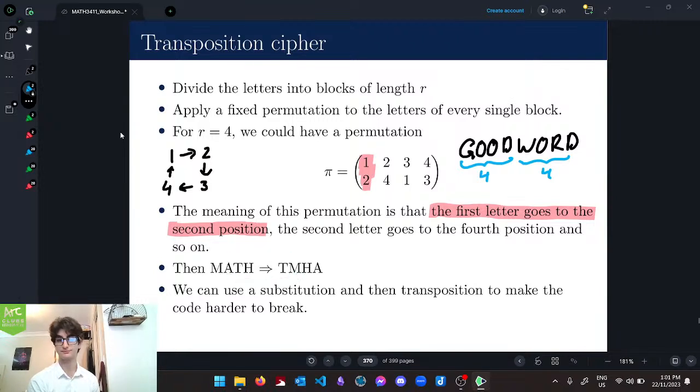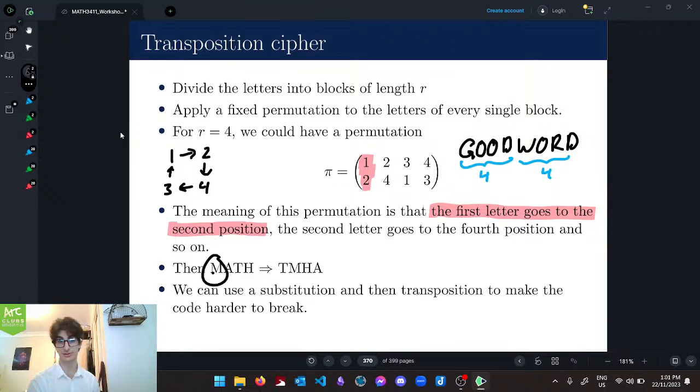So we know that 1 should go to the second position, 2 should go to the fourth position. Oh, I see what I've done. I've just written this out wrong. No, this is correct. 2 goes to the fourth position. I just misread that. Then 4 goes to the third position, and 3 goes to the first position. My apologies for that, everyone. So this is, in fact, correct.